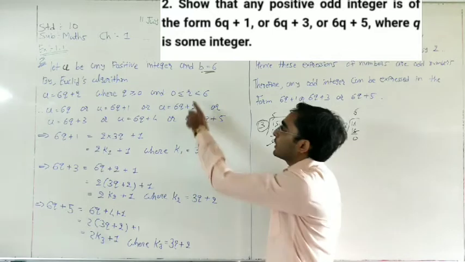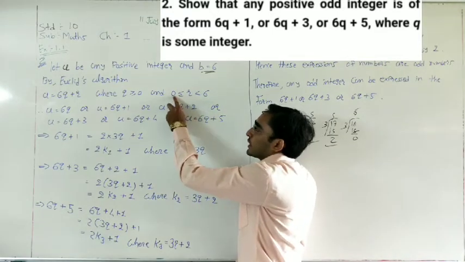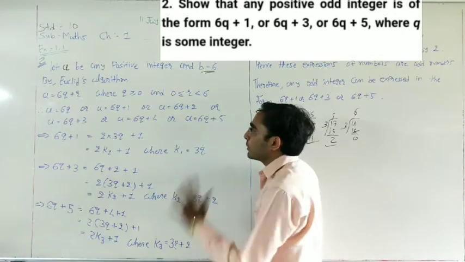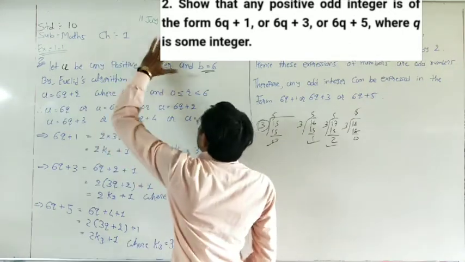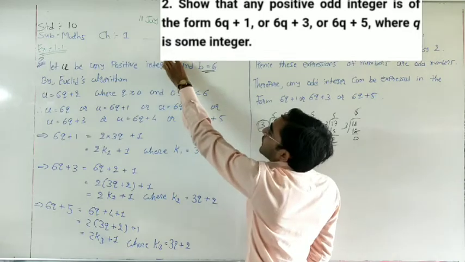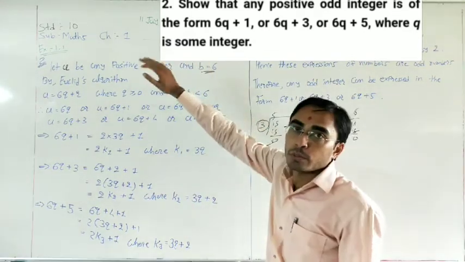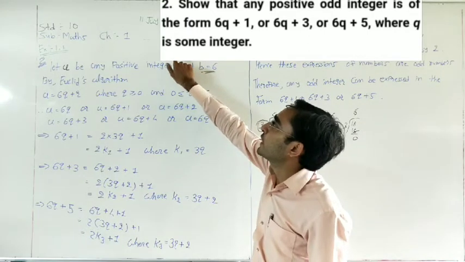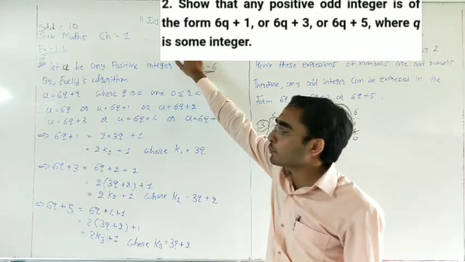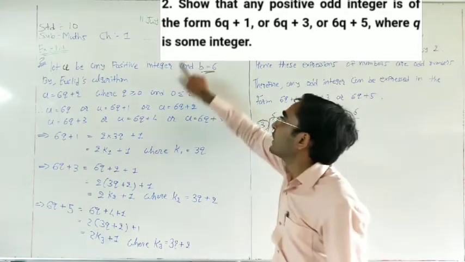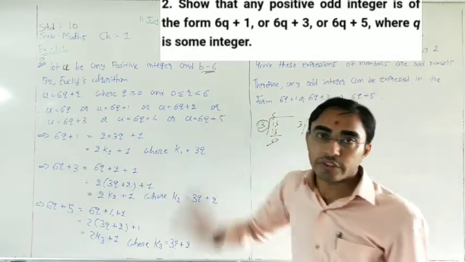Okay, so here for the remainder r, it is greater than or equal to 0, but less than 6, because here b is 6. In this process, we need to divide a by b, right? a is equal to bq plus r. So b is the divisor, so the remainder is always less than b, always less than 6.